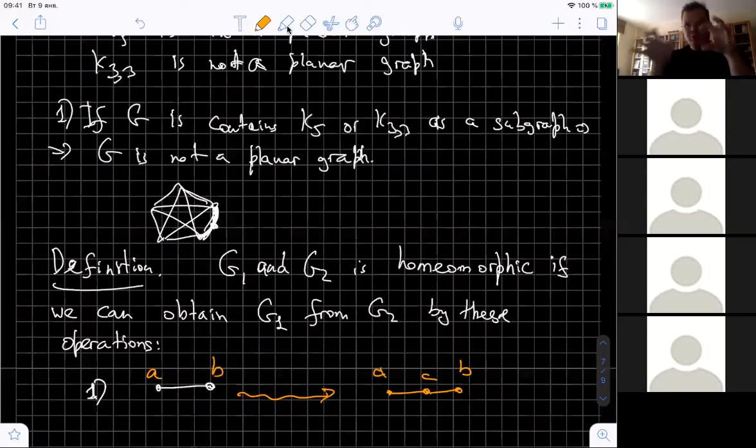So we can do this operation from AB to ACB or from ACB to AB. Okay? And also, we can form an edge AB by joining two edges AC and CB.